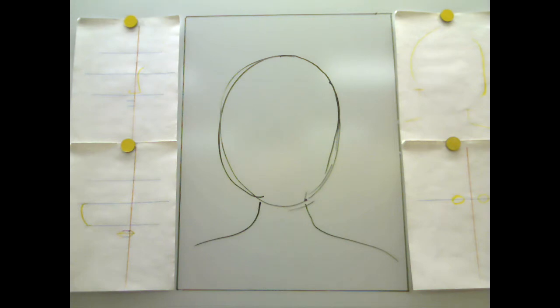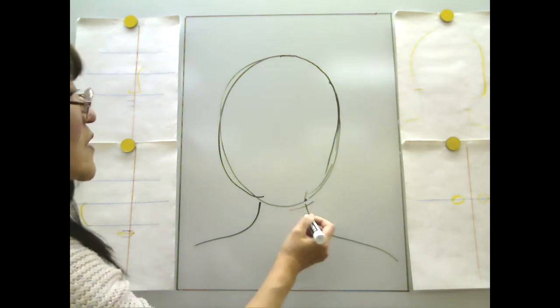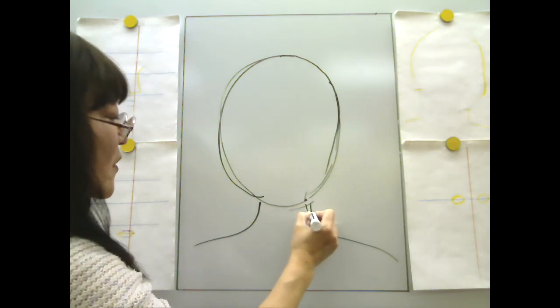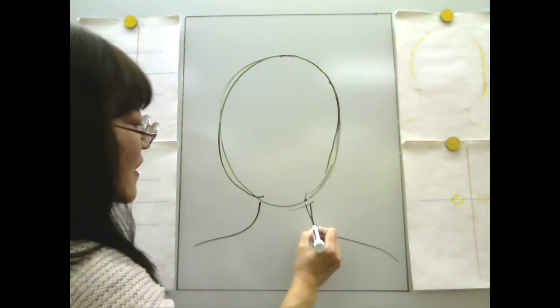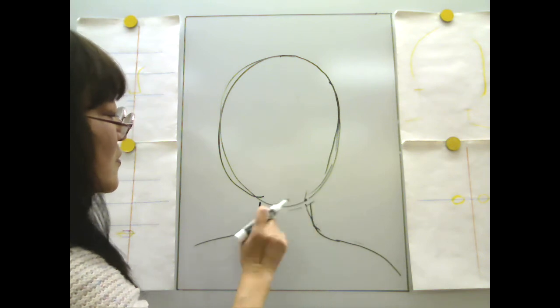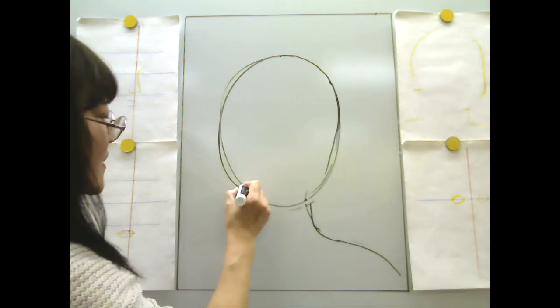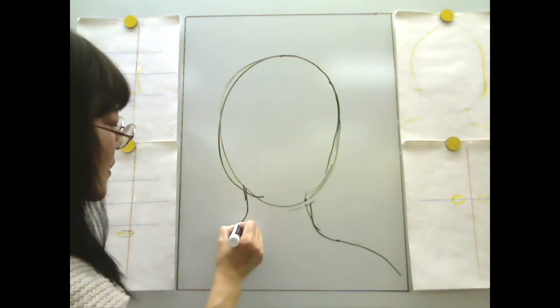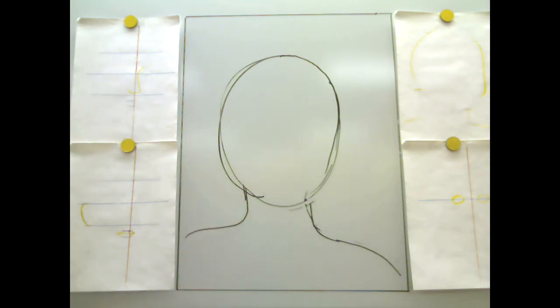All right. Now, we have to change the neck and the shoulder also. So you can just start from here, and then make the right shoulder a little bit lower, and the left shoulder a little bit higher, just a slight change.